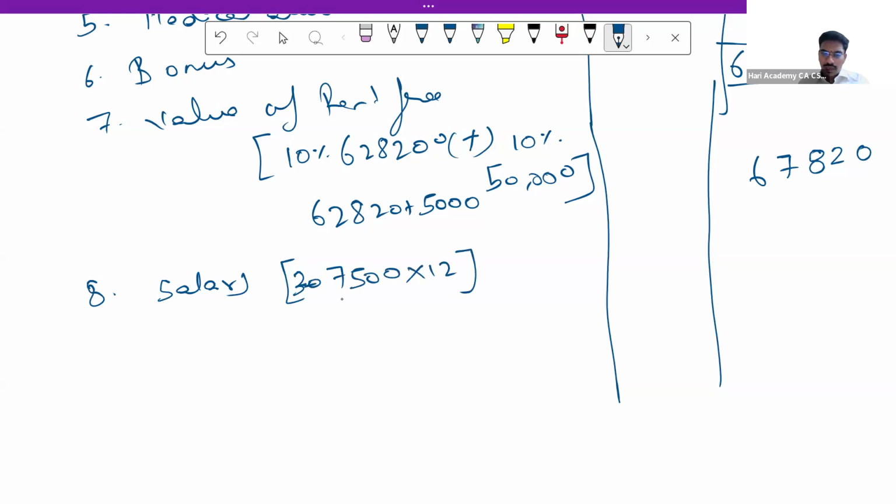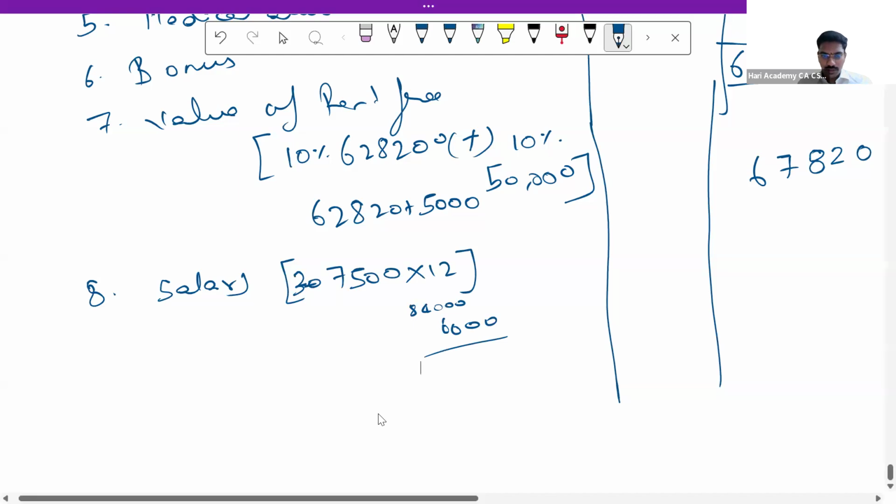So it is going to be 60, 72, 84, 84,000 plus 6,000. It is 90,000, I guess. Hope my answer is right. Wait, let me check. 7,500 into 12 is 90,000.